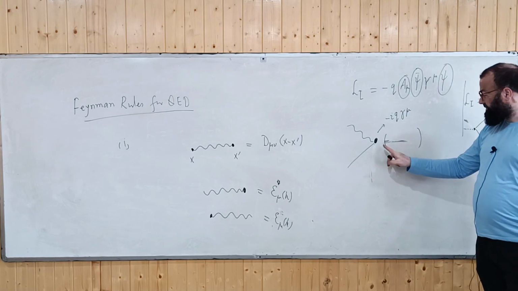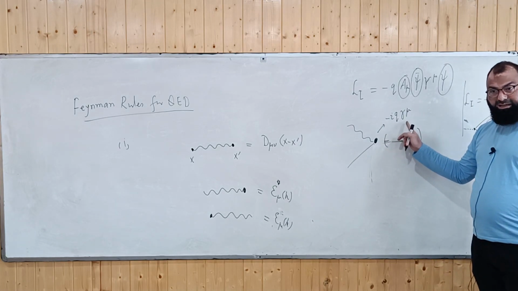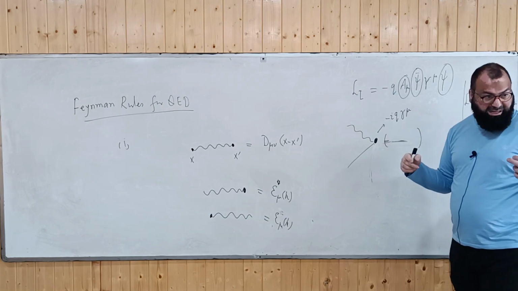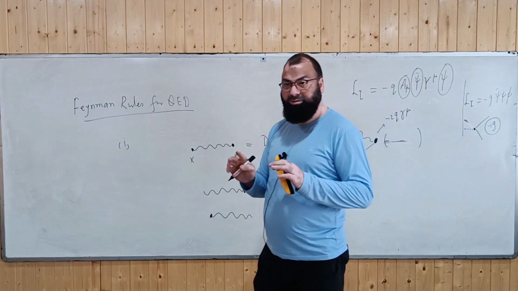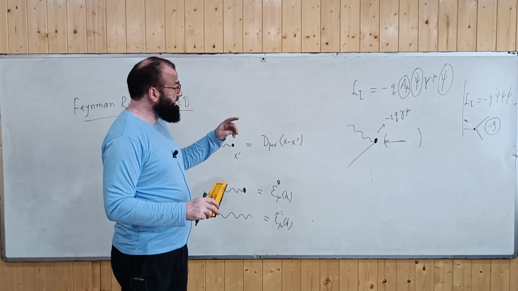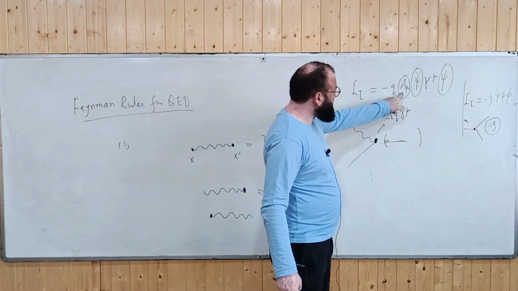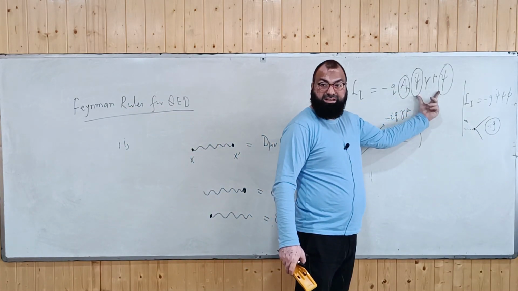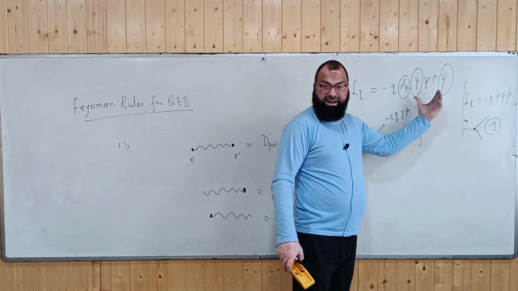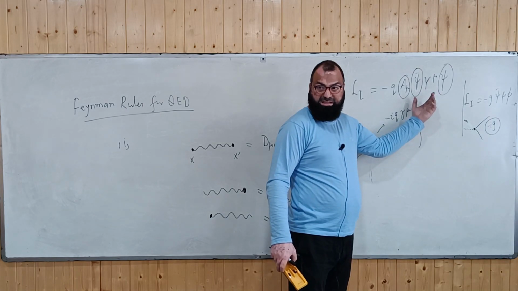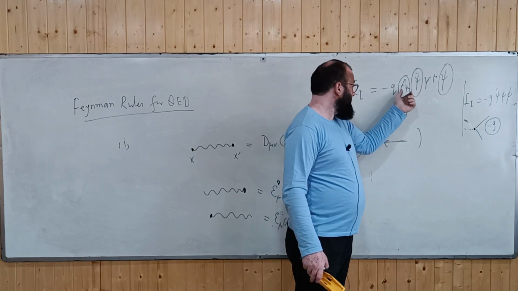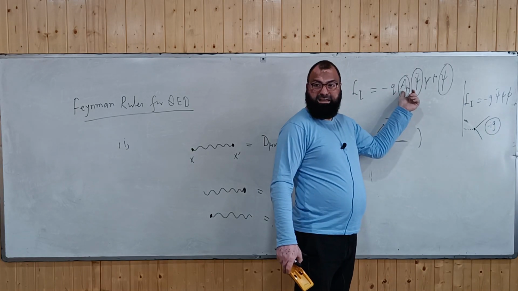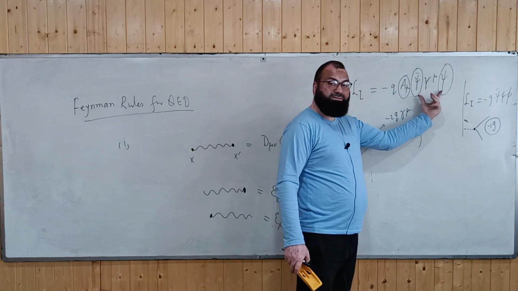Now if you see, the vertex has actually a vector nature. QED, the electrodynamics, is a vector theory. Look at the interaction Lagrangian: it's a vector interacting with a vector. This psi bar gamma mu psi transforms as a vector under Lorentz transformations. Is it? And A mu is also a 4-vector.